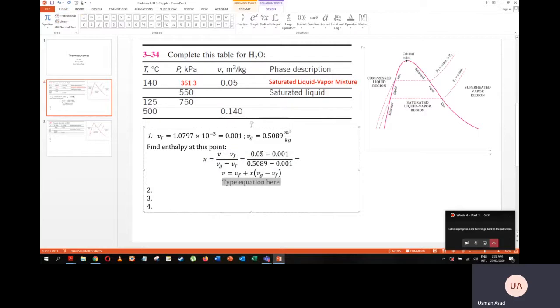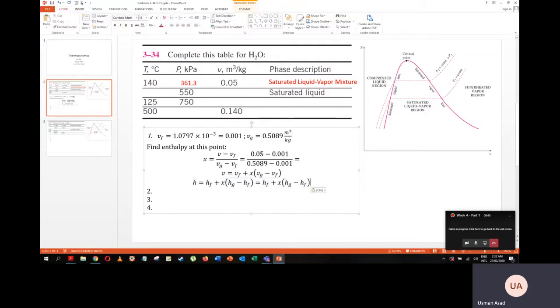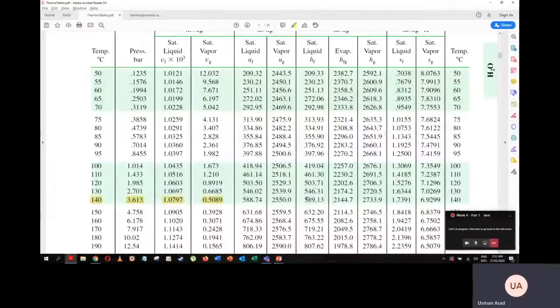If I had to find the enthalpy at this same point, enthalpy is going to be equal to hf plus x into (hg minus hf). Okay? We said that hg minus hf you can rewrite as hfg, which is directly stated in the table as well.